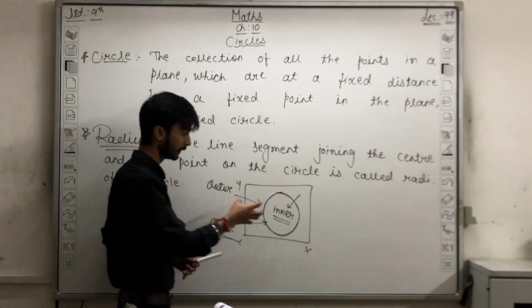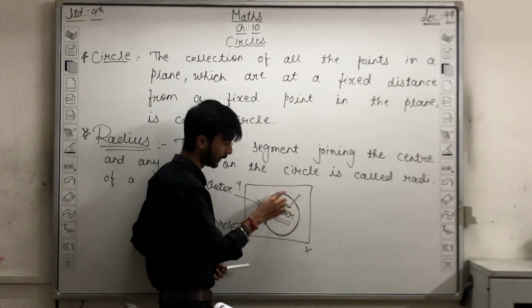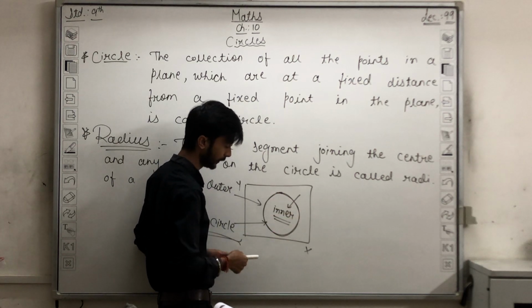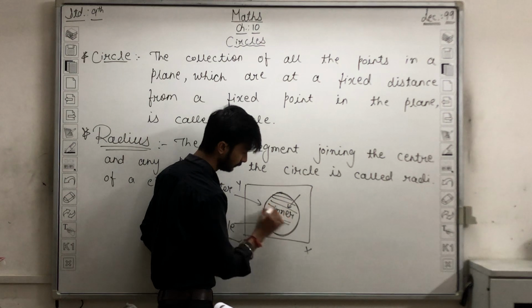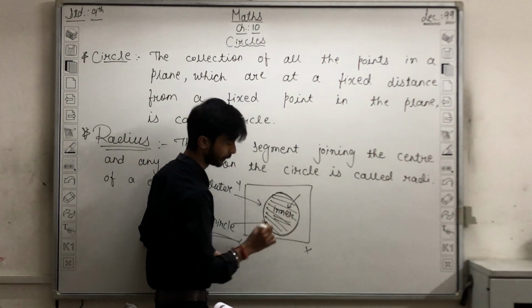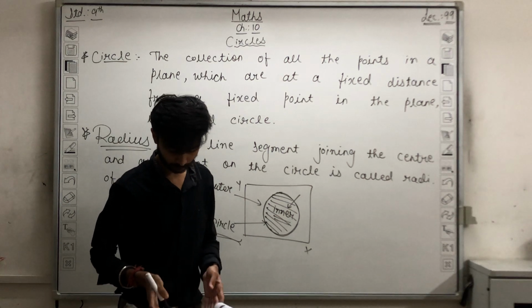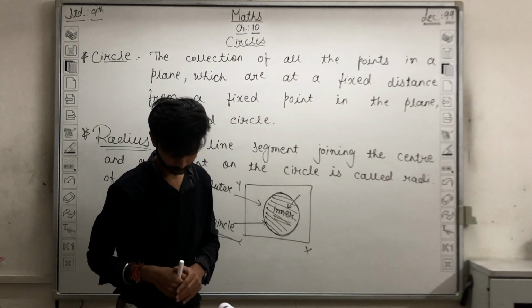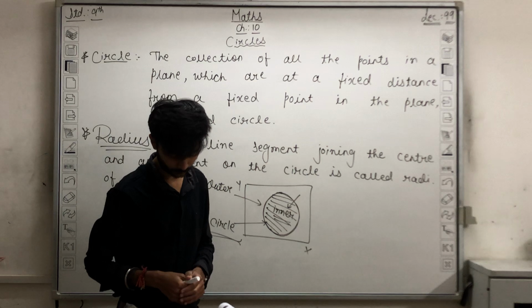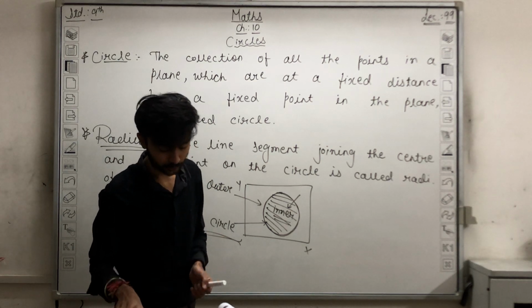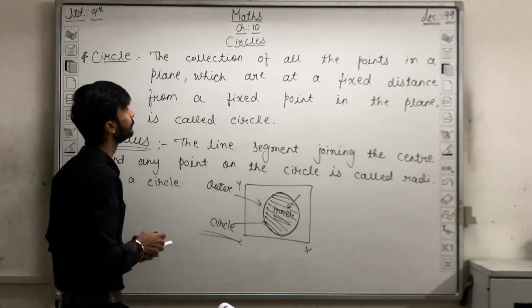That means this inner part and this circle create the circular region, obviously. Now, okay, let's see the definition of diameter.